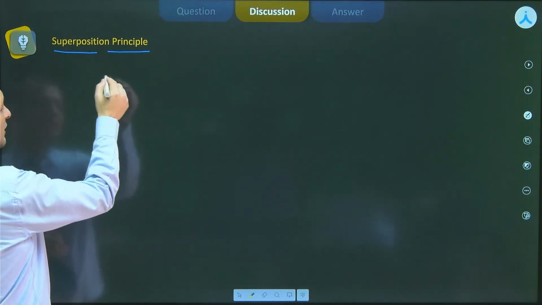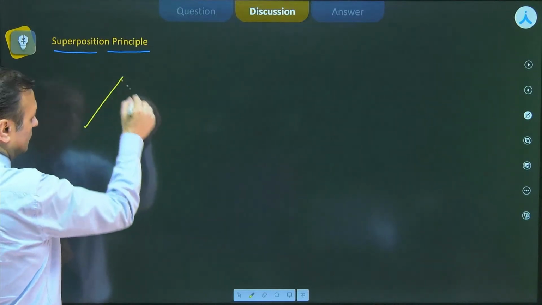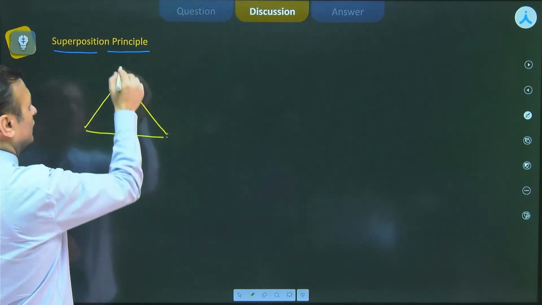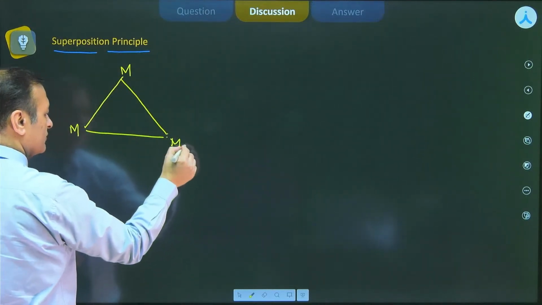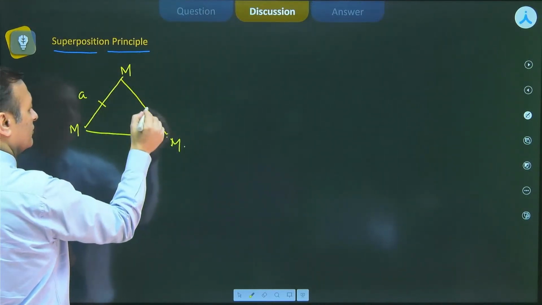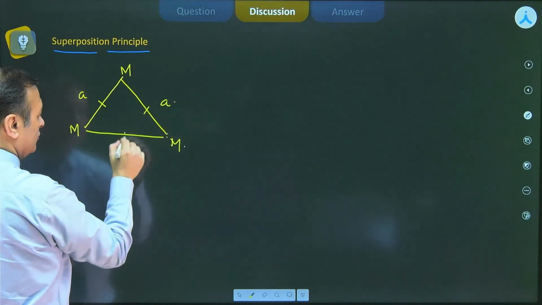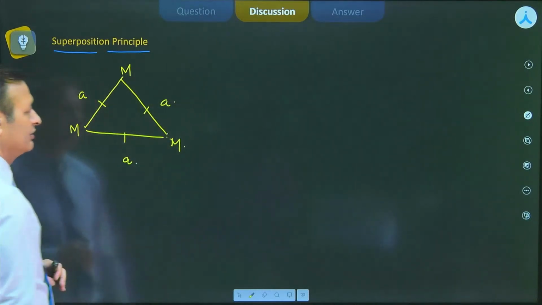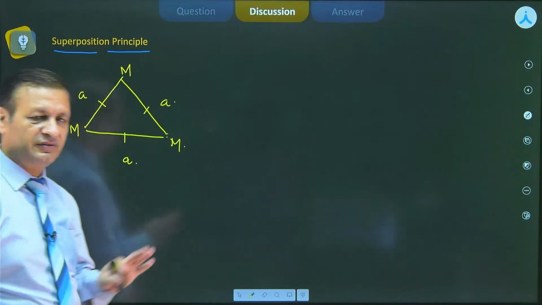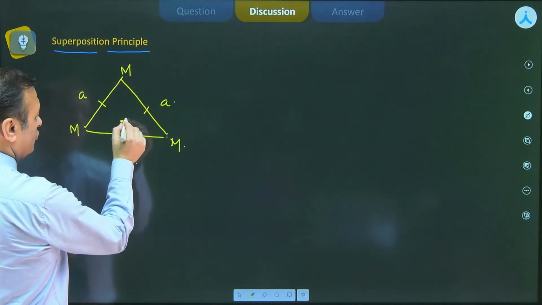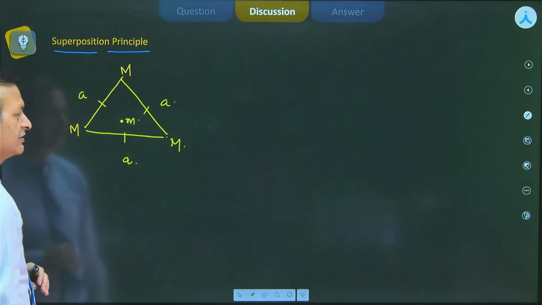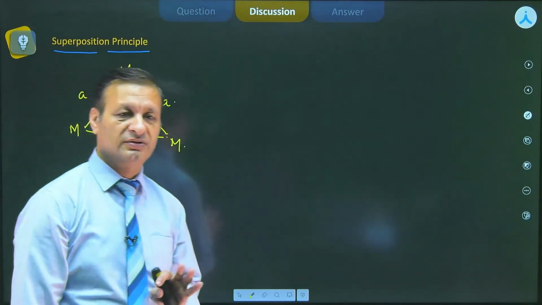So let's build up a case where you have three masses. They are placed at the corners of an equilateral triangle. This is the concept. Let's suppose you have a small mass m that is placed at the centroid.